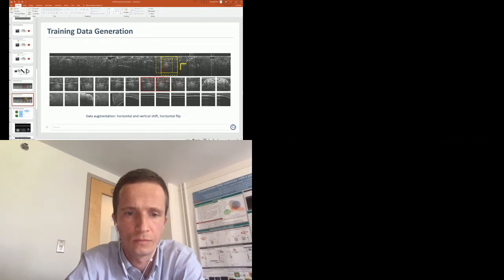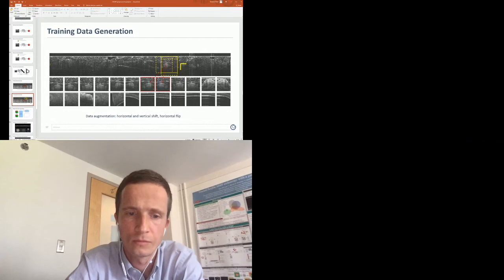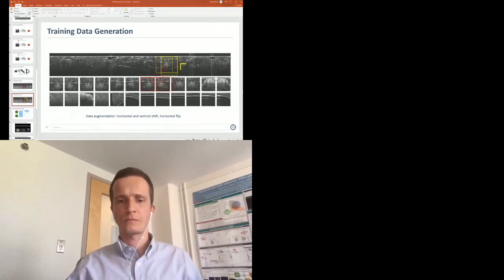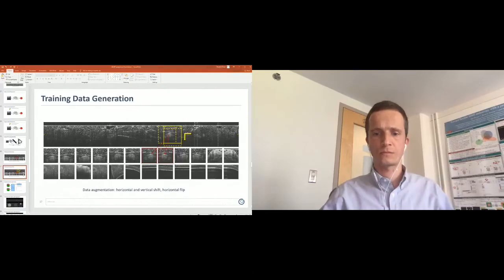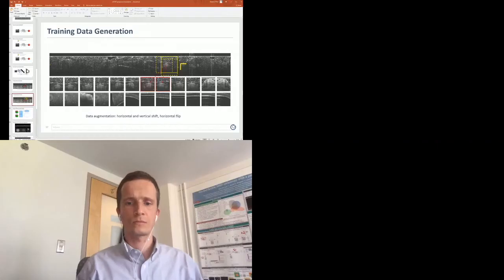Since labeling is a very tedious process, we will always have way fewer suspicious patches. In this case, we use data augmentation. We flip the patches horizontally. We use shifted versions of the patches. In this way, we can augment the positive or suspicious training set.